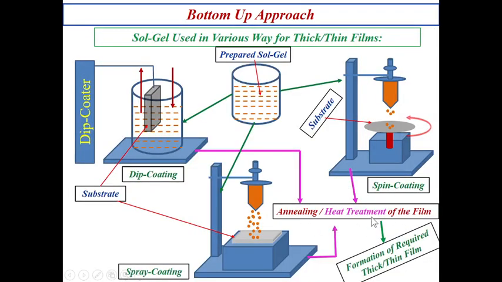That means we have to give a heat treatment to the film, then we are going to get the desired material on the substrate. So after that annealing, all the films, maybe spray coating, dip coating or spin coating, go with an annealing or heat treatment, then it will form the required thick or thin film. The desired material we find after heat treatment.